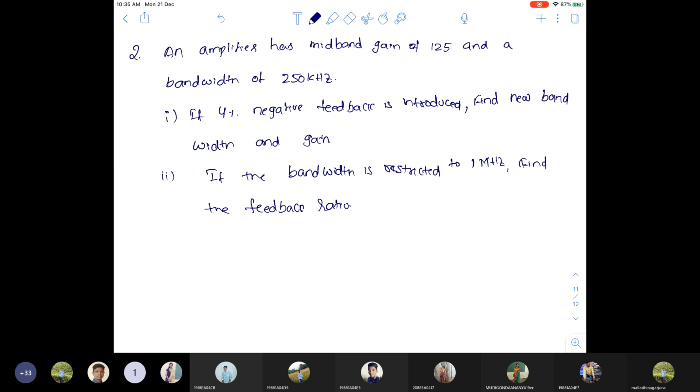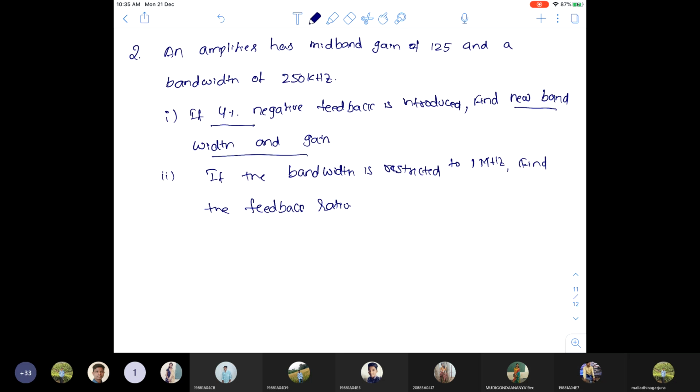An amplifier has midband gain of 125 and a bandwidth of 1250 kilohertz. If 4% negative feedback is introduced, find new bandwidth and gain. Second bit, if the bandwidth is restricted to 1 mega, find the feedback ratio. So see, in the first bit, the feedback beta value is given, and they ask you to calculate bandwidth and gain.